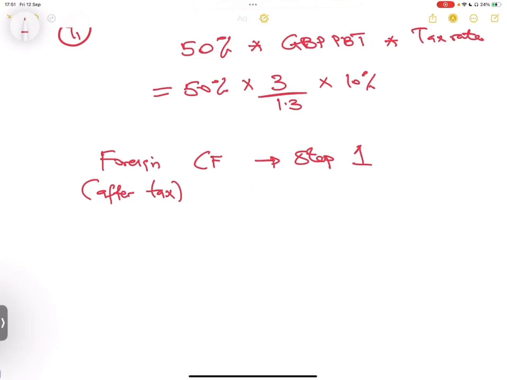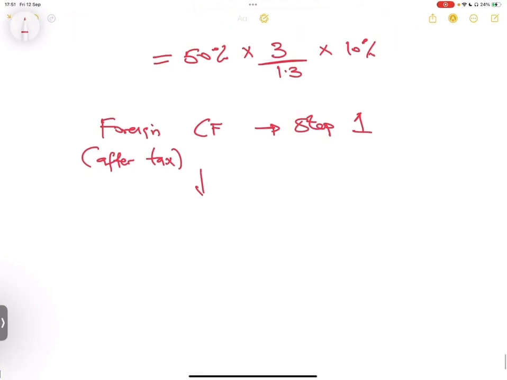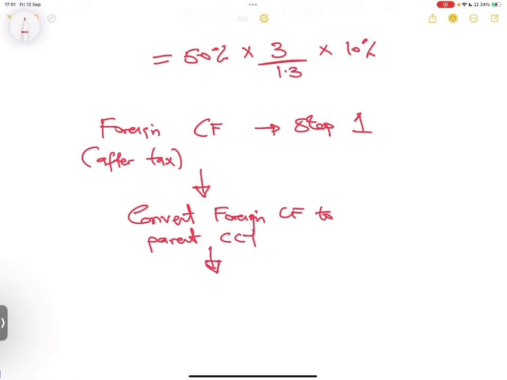Extremely important. Once you have this, the best thing to do is to convert the foreign cash flows to home currency, to parent currency. Then you can now make any home adjustment to it. So adjust for any parent relevant cash flow.